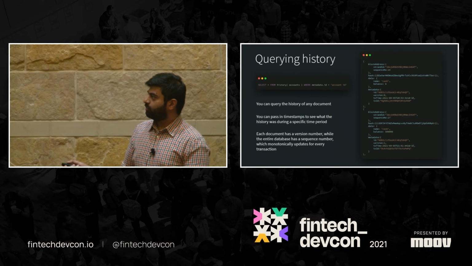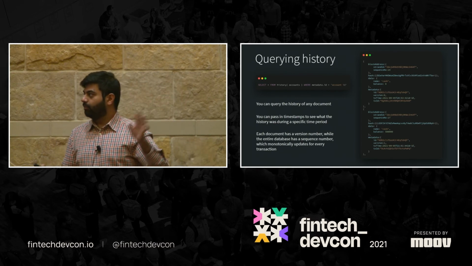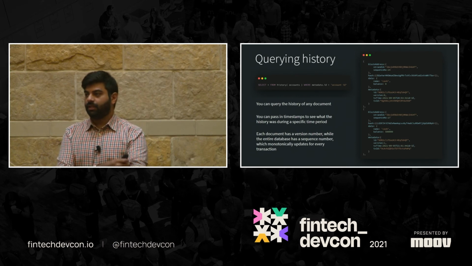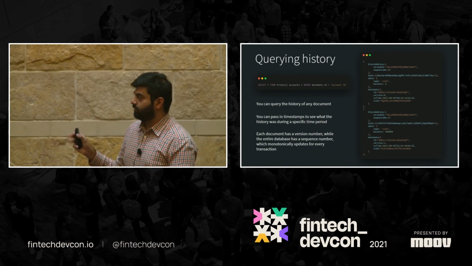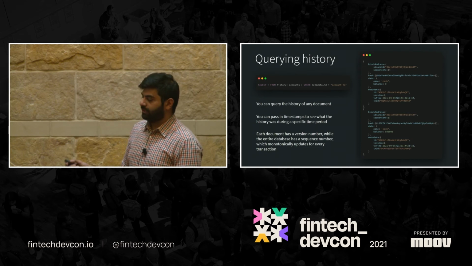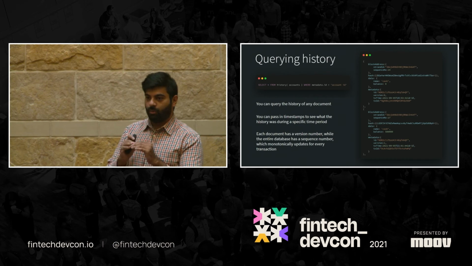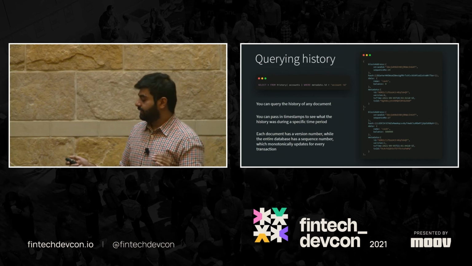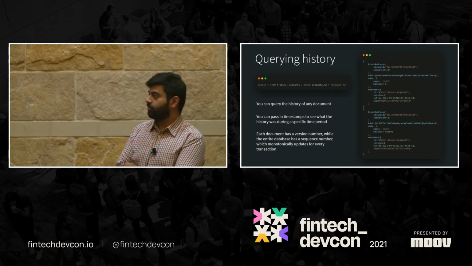So the other thing you can do is query history. If we go back to the diagram that we had with the journal and the materialized views: so far we've been accessing the usual materialized view of the current state of my database. There's another materialized view for history, where this query will basically just get the entire history of that document.